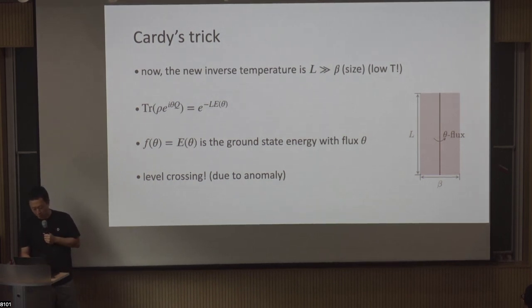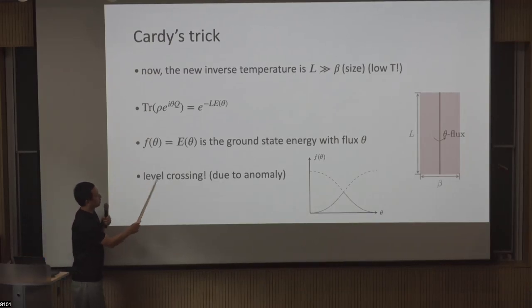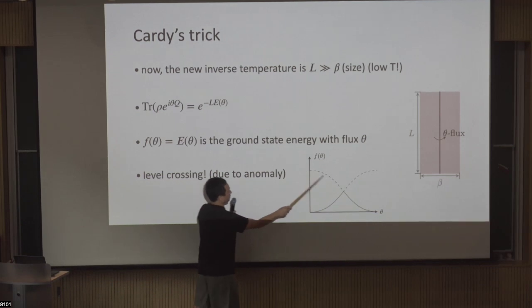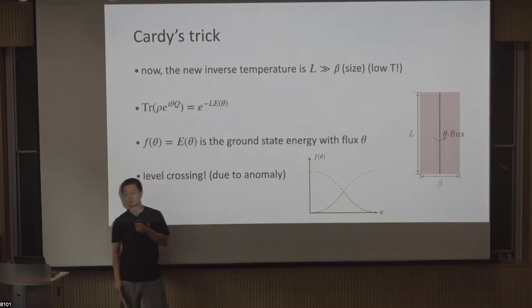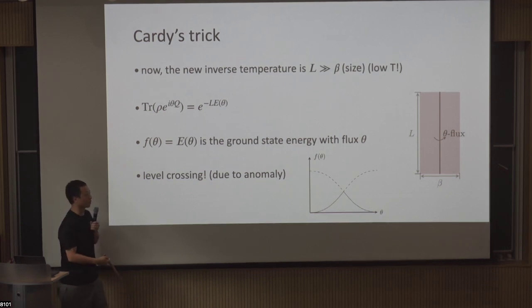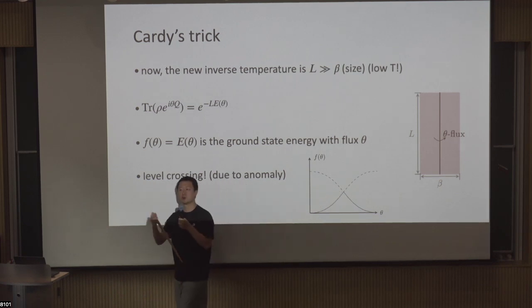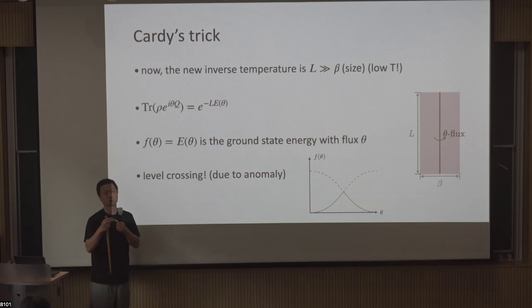And what our proposal is, is that there's actually a level crossing for the ground state energy. You can imagine that from a simple example like free fermions. The level crossing reflects the fact that at theta equal pi, you have a zero mode in the middle, so you have to choose which one you go.